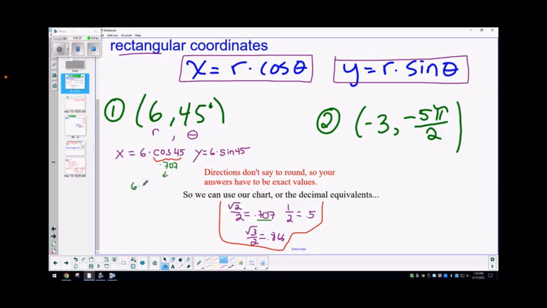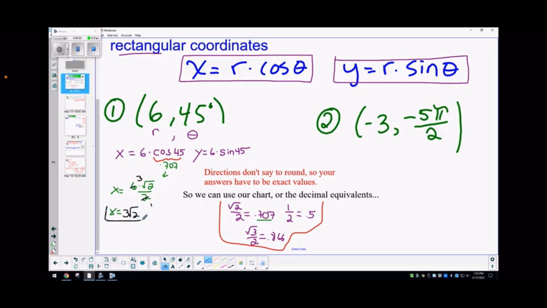So we bring the 6 down. Now we're going to change the 0.707 to the exact value, which is square root of 2 over 2. And then obviously you want to make sure you reduce everything, always reduce. So you should get 3 square root of 2.